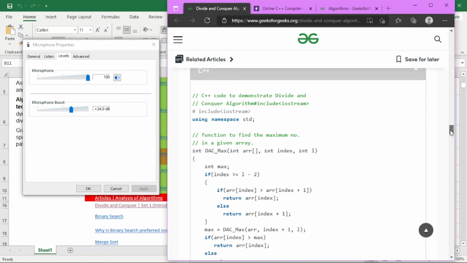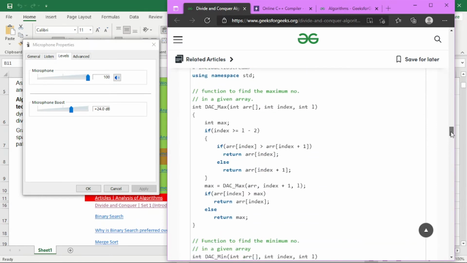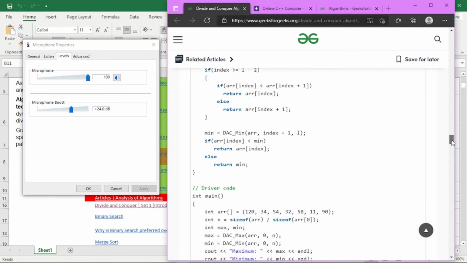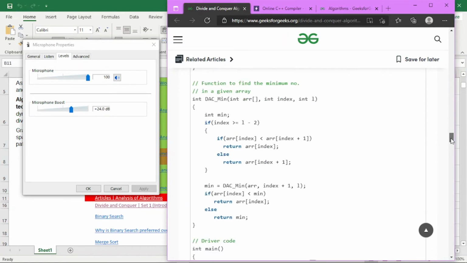So see, this is a C++ implementation, but the algorithm remains the same. Let's say I first show the minimum part. Let's say you are given an array that is 120, 34, 54, 32, 58, 11 and 90. If you need to find the minimum element, as we can see here it's 11. So just remember this, and let's see the algorithm here.